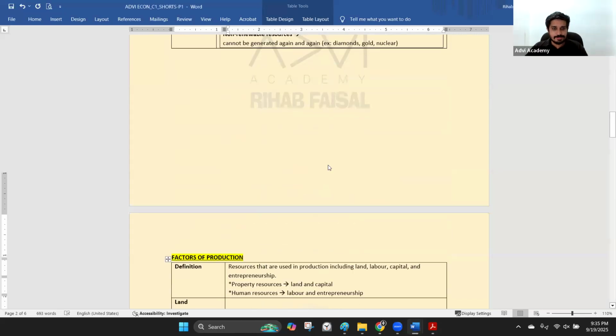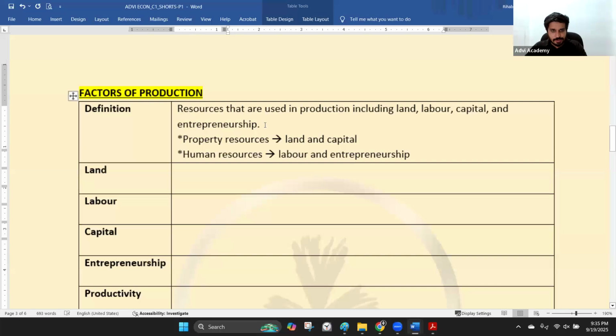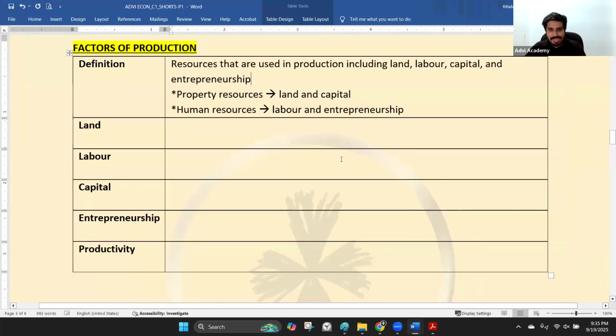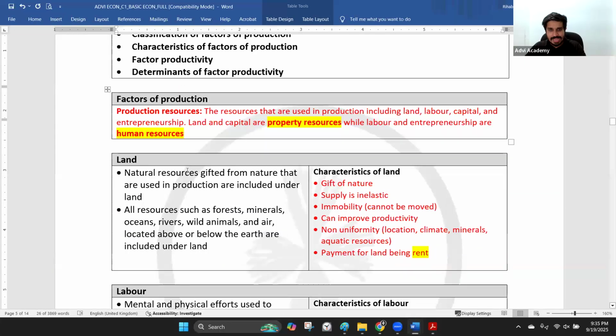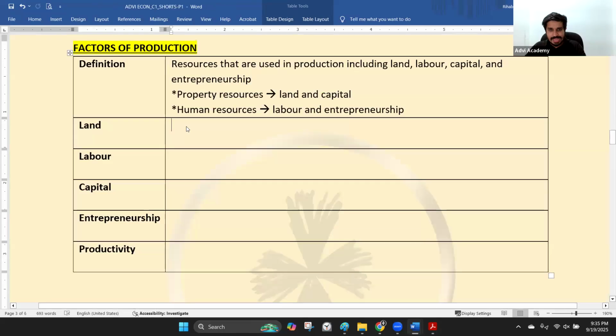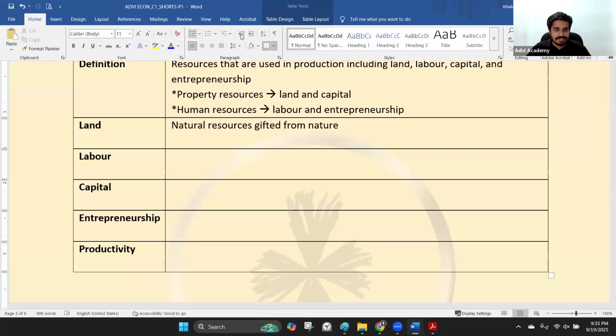Okay. Next, factors of production. This is your definition, and then you have the two resources. What do you mean by land? Let's quickly cover this; it is, of course, a very theoretical section, so finish it soon. Land is the natural resources that are gifted from nature. And then you need to know some of the characteristics. I'm going to add 2 points under each of these sections.